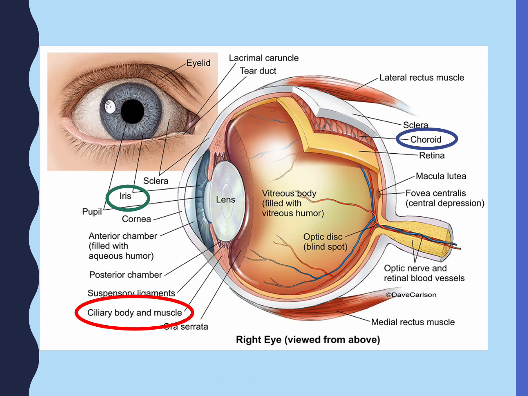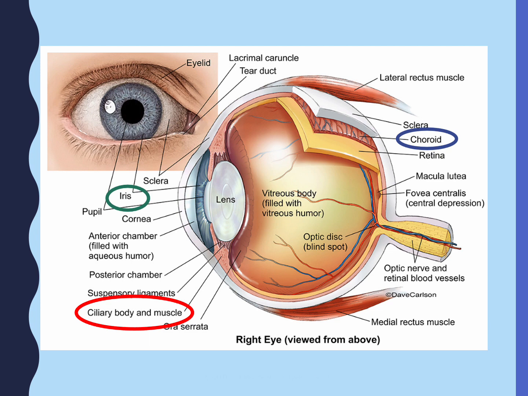And as you can see, the muscles of the ciliary body attach to the lens of the eye, and this helps the lens to do something called accommodation, which is the focusing of the lens. So that helps us see near and far when we are focusing on things.